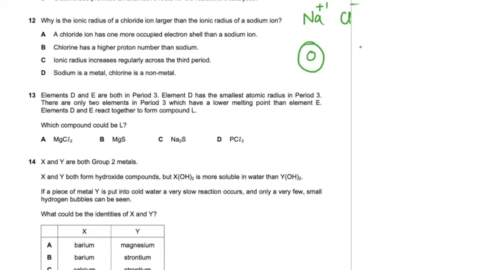And after gaining the electron, no new shell is added, so the chloride ion has three shells. So due to the one more shell in the chloride ion, the size of the chloride ion is bigger than the sodium ion. So what is the answer? A chloride ion has one more occupied electron shell than a sodium ion. Yes, this is the answer.